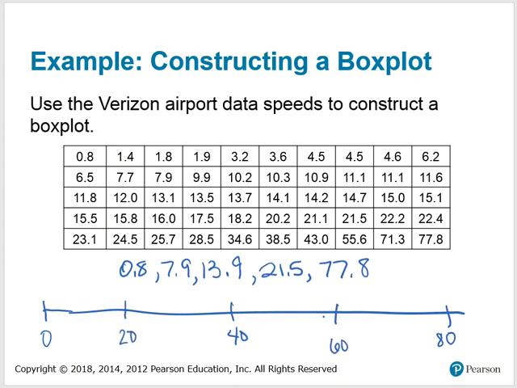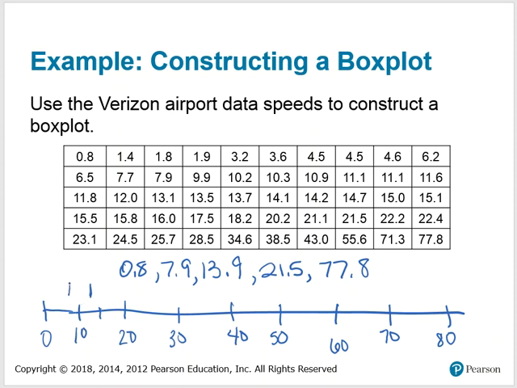That would be 60. 10. 30. 50. 70. So I'm trying to do the best thing I can and just be as accurate as possible on a sketch. So let's just start in the middle. So my median is 13.9. That would be 15, so 13.9 would be approximately there.